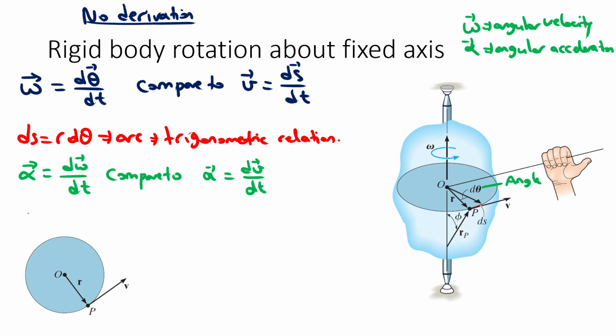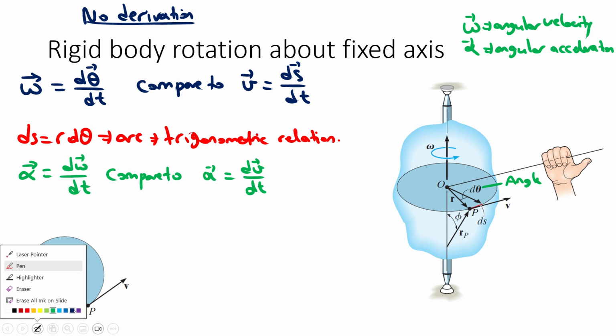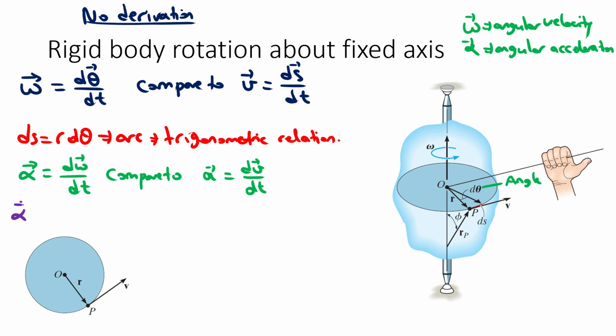You can also write this alpha as the change of angle, where you take the differential two times, and you can compare it to the acceleration, that is the change of position with respect to time.